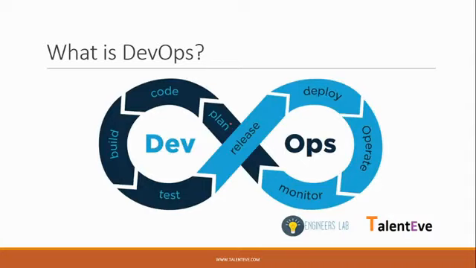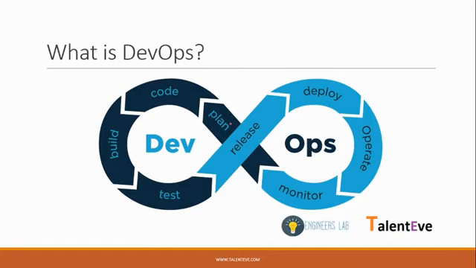Now, this is what DevOps is. At first look, if you are not aware of DevOps at all, you see an infinite symbol here. Infinite means forever, right, in mathematical terminology. So that means as long as the project runs, you plan the things, you code, you build, you test them, and then release to the operations team.